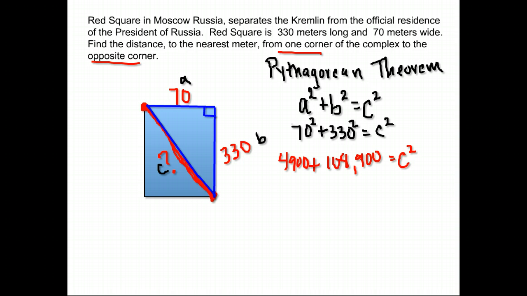Okay, we're going to add those together. We get 113,800 so far. What is our last step going to be? We still are not done because our c has a squared on it.